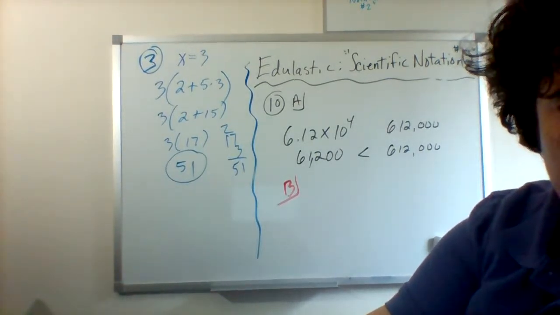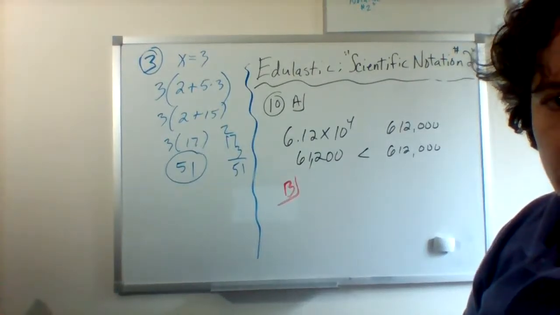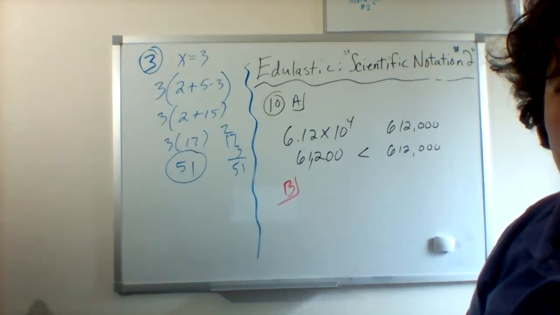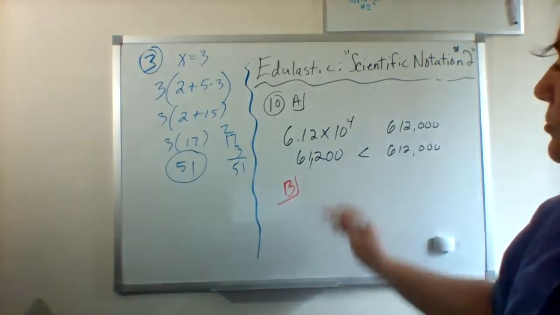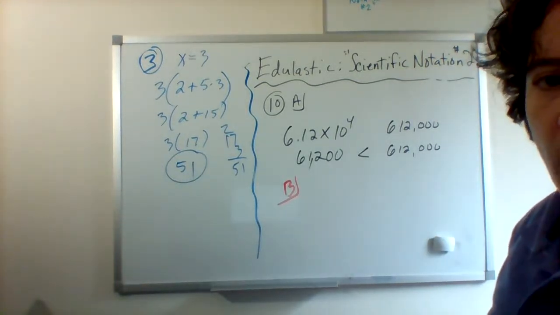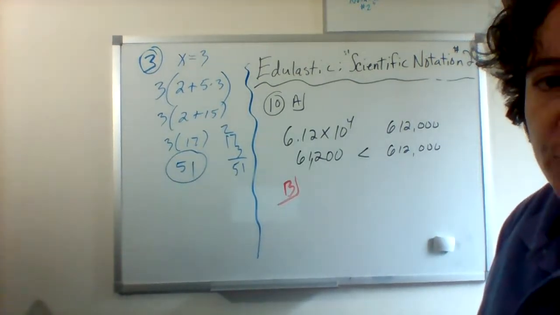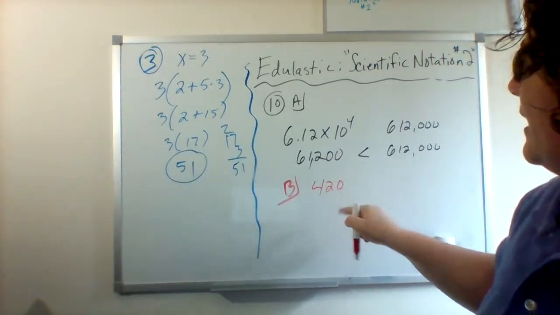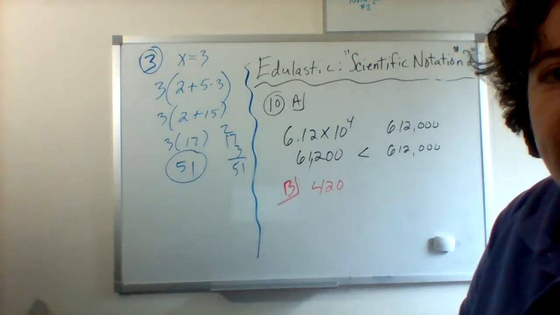Part B. The number 420 can be written in scientific notation as x times 10 to the y power. Then that means you just have to type what the x would be and what the y would be. Your x is your coefficient, your y is your exponent. So 420. If we write that, did they have to pick that number?